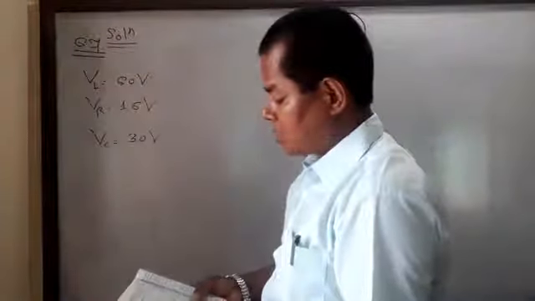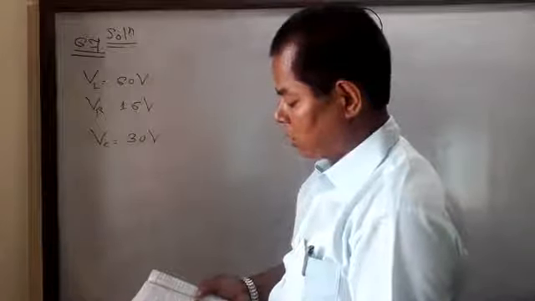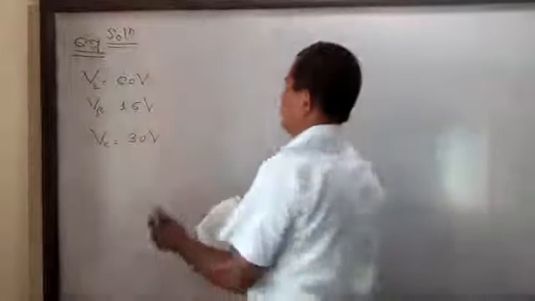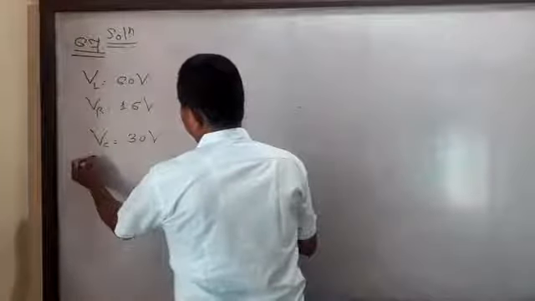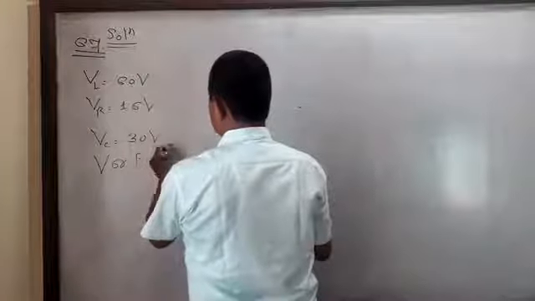It is asking what will be the reading of the voltmeter across the series, which means we have to find E or V.